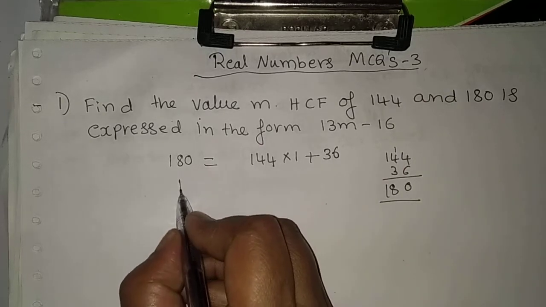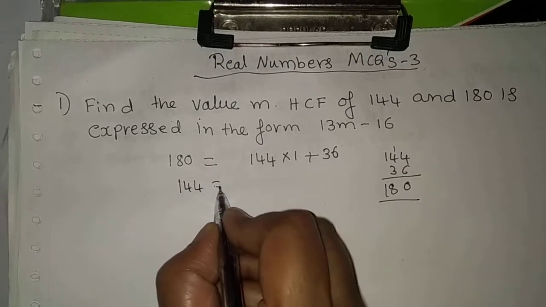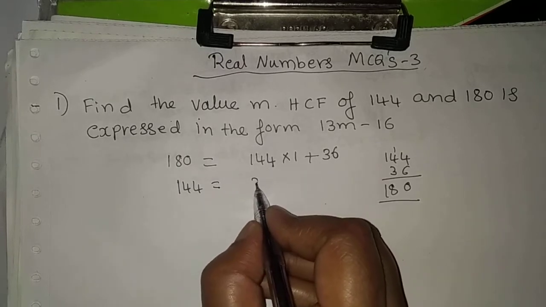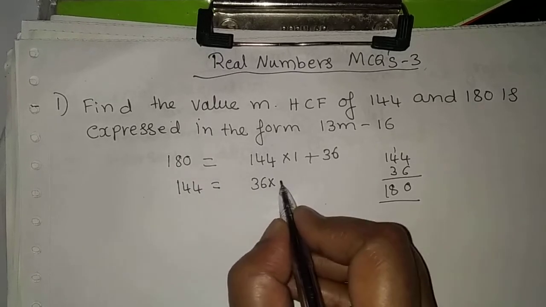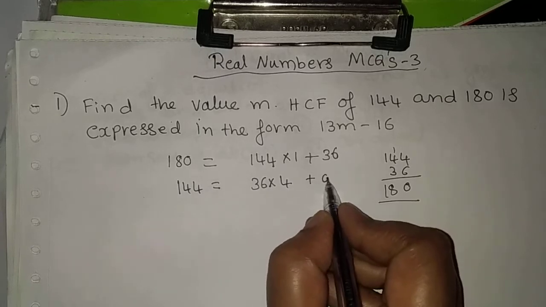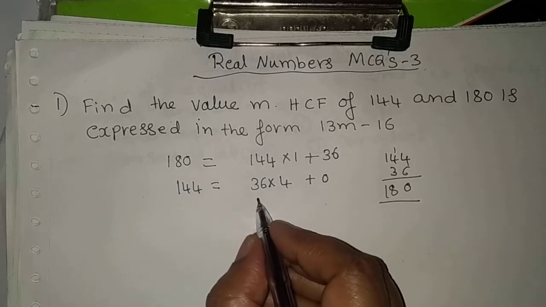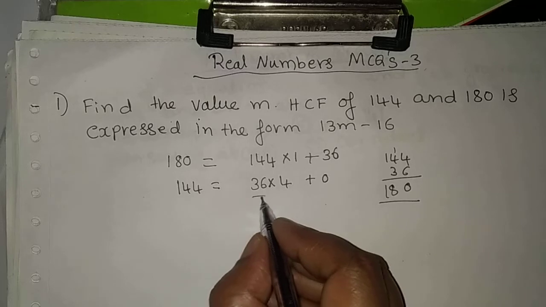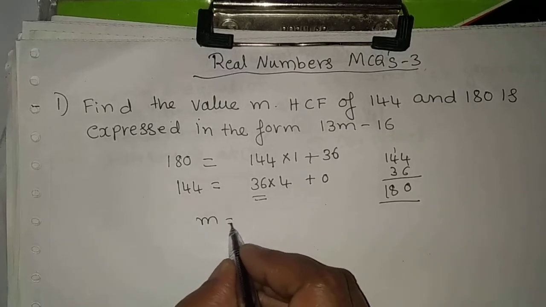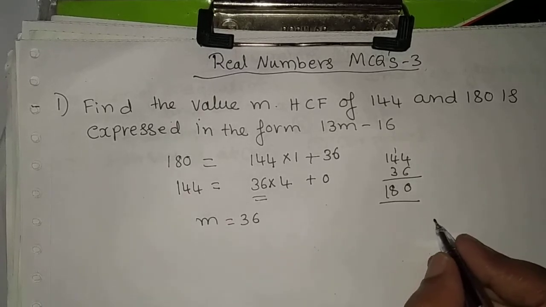Therefore 144 is equal to 36 into 4 plus 0. So now we are getting m as 36. m is equal to 36.